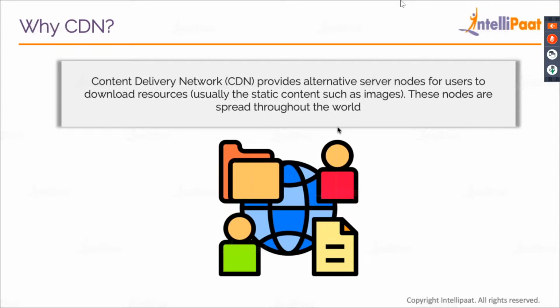These static files can be cached to the nearest user who's trying to access the website, and then that server will be providing those files or that website to that particular user. How does this help? It helps in reducing the response time, because instead of using the US server for getting all the data, my user in India can get the data directly from the nearest server of Azure.